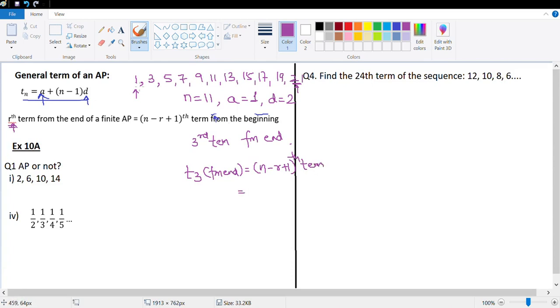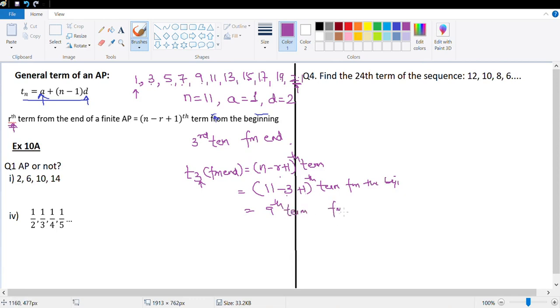That's 1, 2, 3, 4, 5, 6, 7, 8, 9, 10, 11. So that's 11 minus r, where r is the rth term that we need, which is minus 3 plus 1th term from the beginning. So this is 11 minus 3, that's 8, 8 plus 1, the 9th term from the beginning.